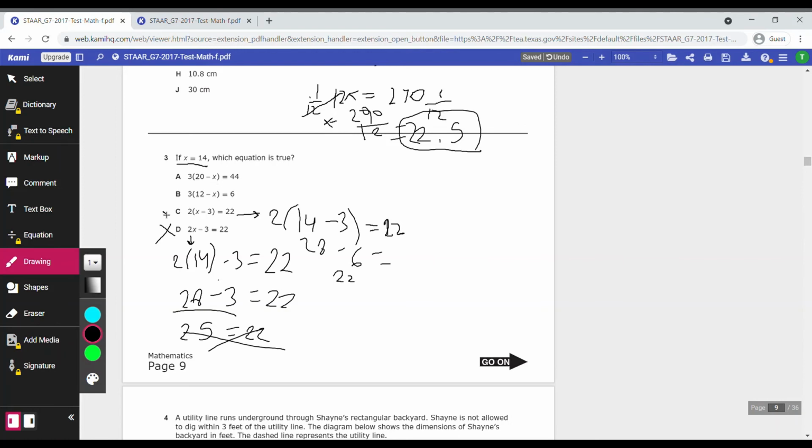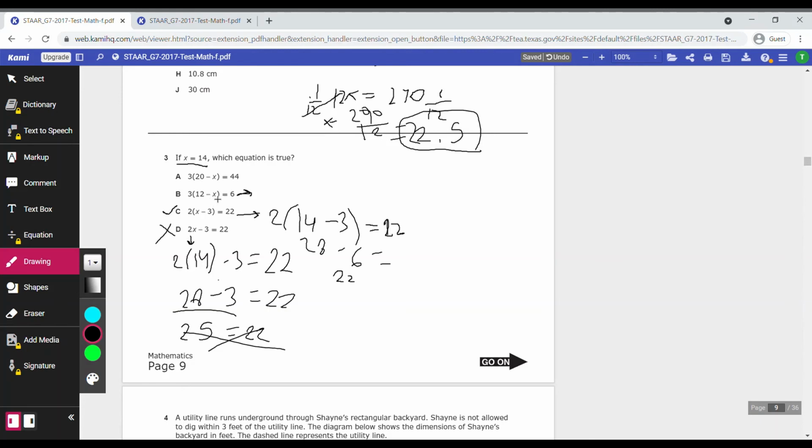So C is correct. But make sure you double check the other answers, because you might have made a silly mistake, and double check all the other answers before coming to a conclusion.